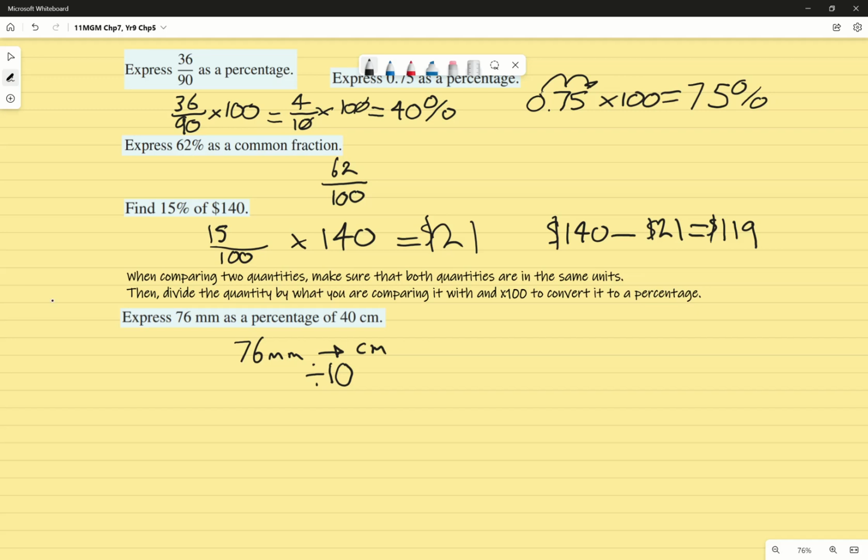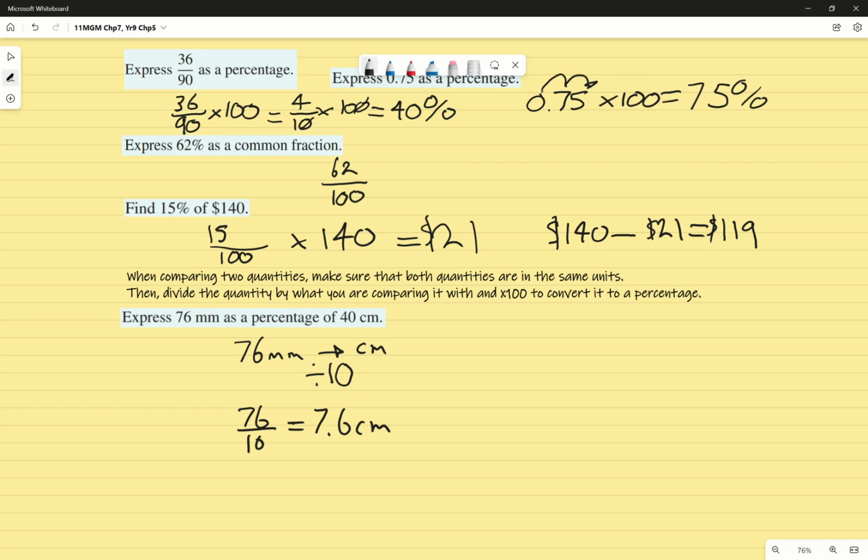So that's going to give us 76 divided by 10 is equal to 7.6 centimeters. Now if I want to express that as a percentage of 40 centimeters, what do you think I'd be doing? I want to say that 7.6 is what percentage of 40 centimeters.